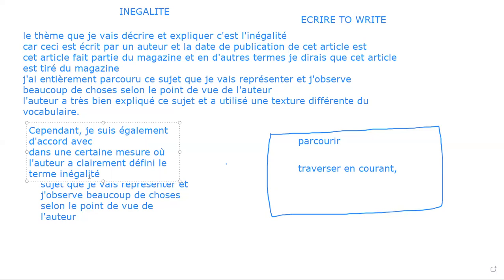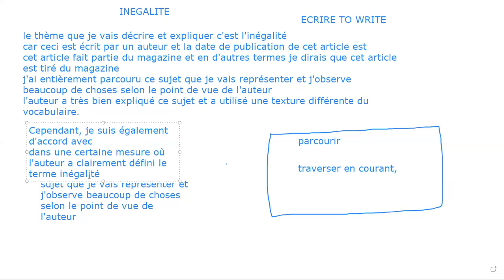Je suis également d'accord. I'm equally agreed. Je suis également d'accord avec dans une certaine mesure, exactement. With the certain point, to some extent, dans une certaine mesure. C'est clair. Où is where.